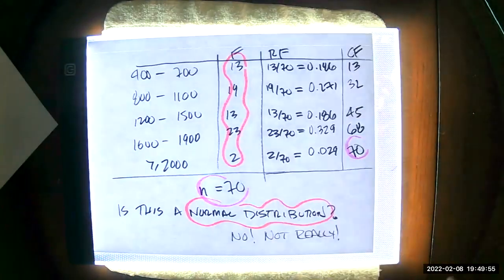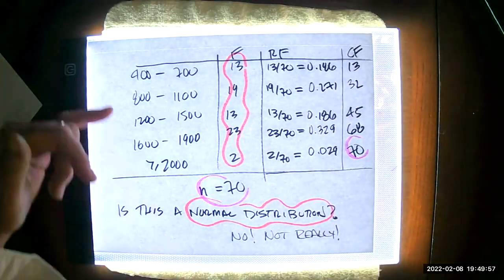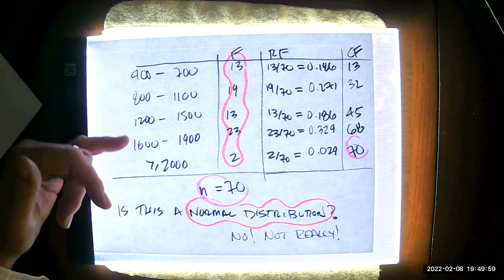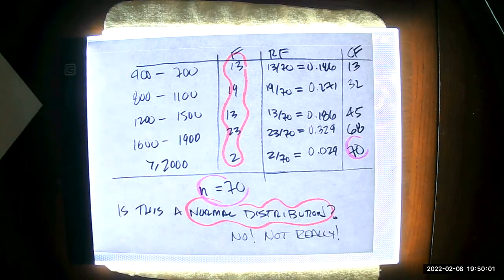Class width is a little bit tricky in some cases. So let me come back to our table here. You're talking about the difference between the classes, or how wide classes are. Now, here's the issue that we face. There's a couple of issues that can be a problem.